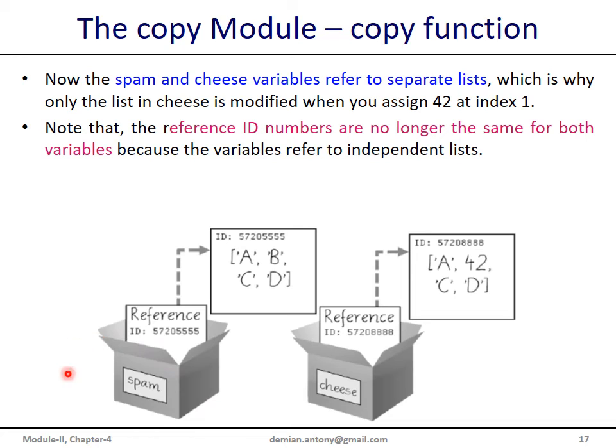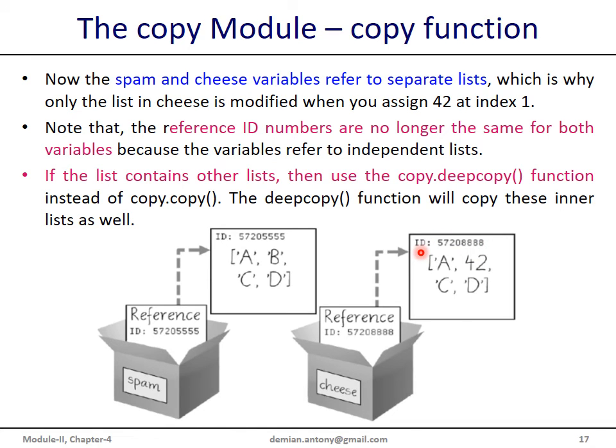We have spam, which is a reference to a list, and when we create a new list with the copy module, a separate ID is created. It means that the list referred to by cheese is created and placed in a different location of your program memory. That's why we have a different ID.